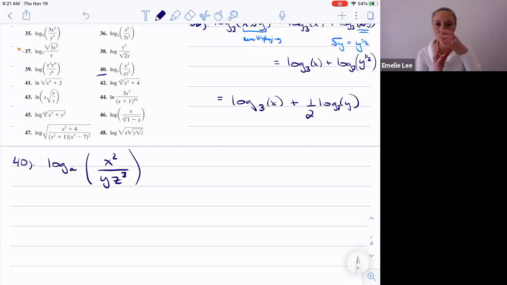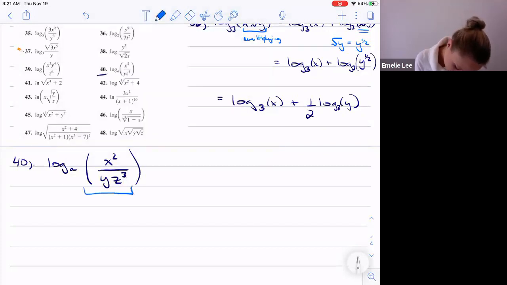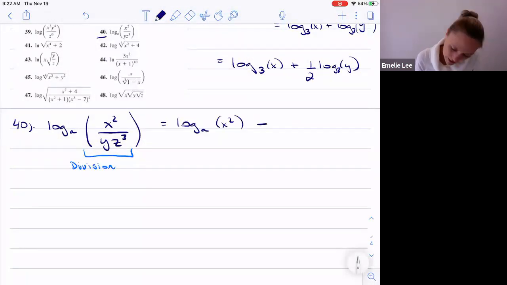So what you're going to do is slowly pick this thing apart, okay? You've got division here initially, okay? So what you're going to have is now we've got division. So this becomes log base A of x squared minus, right, because we're dividing, so we subtract the log of the denominator.